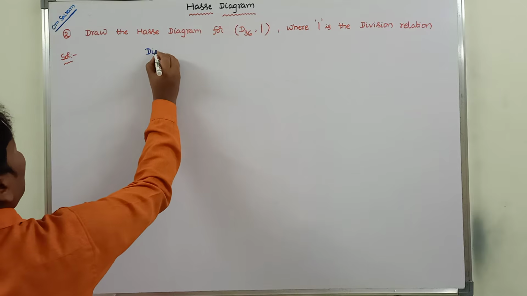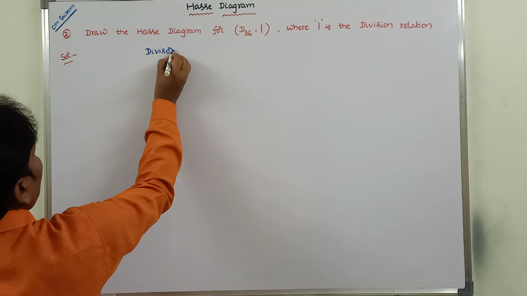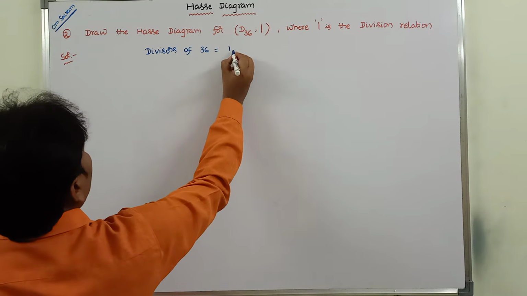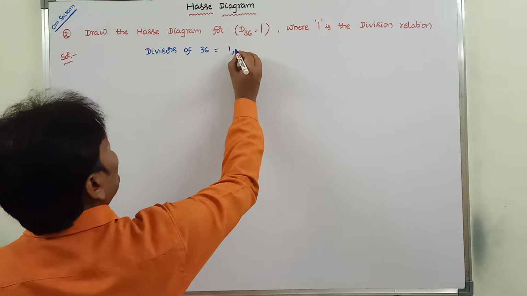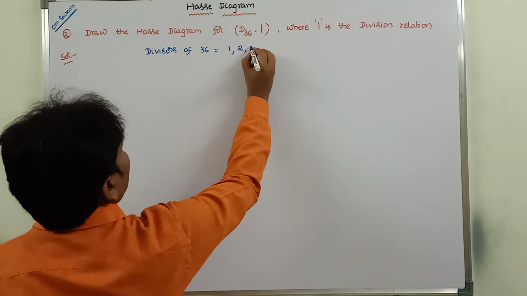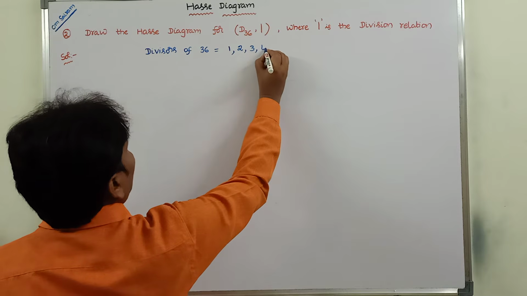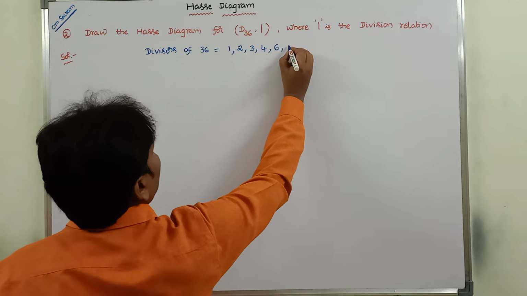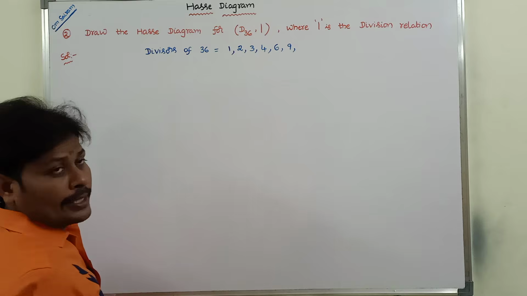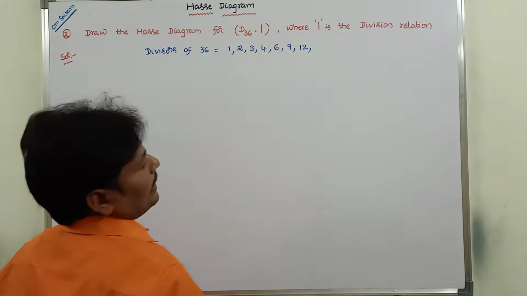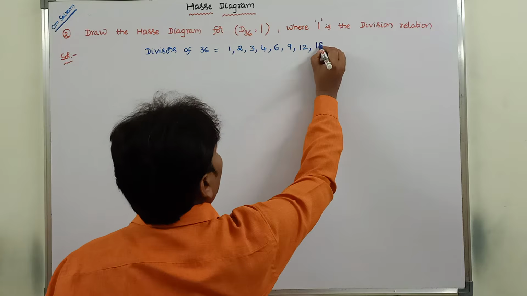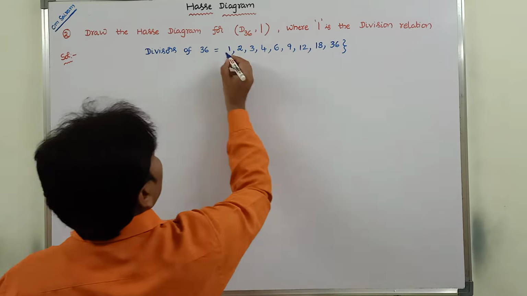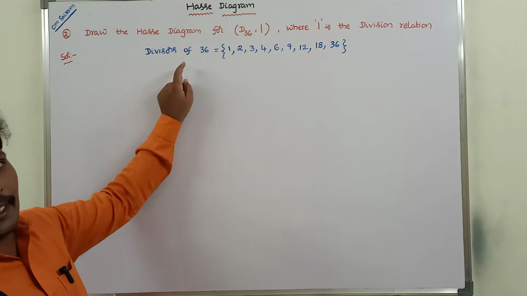So divisors of 36: 1 divides 36, 2 divides 36, 3 divides 36, 4 divides 36, 6 divides 36, 9 divides 36, 12 divides 36, 18 divides 36, 36 divides 36. So these are the divisors of 36.